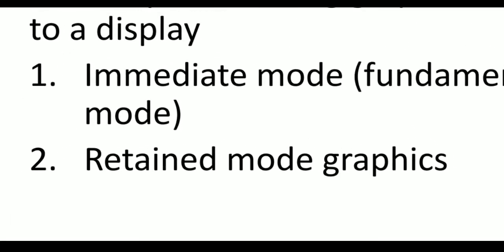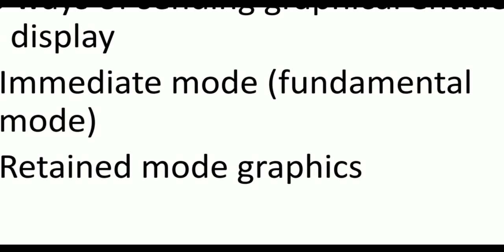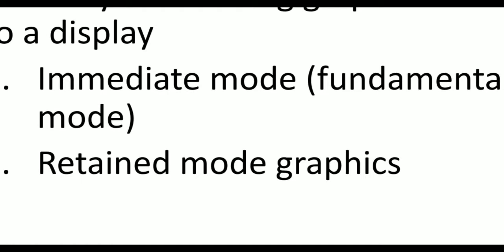The immediate mode will display the graphics directly. That is, it's not going to store anything as permanent memory. As soon as the processing is done for the graphics to be displayed, it's displayed directly onto the monitor. In case you want to retain it, then we will make use of the retained mode.